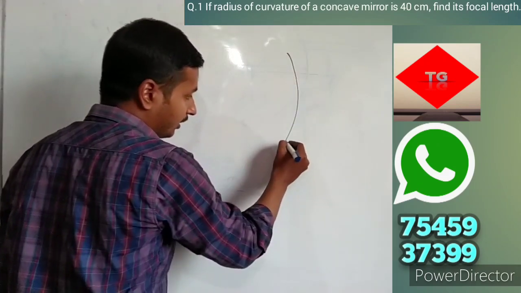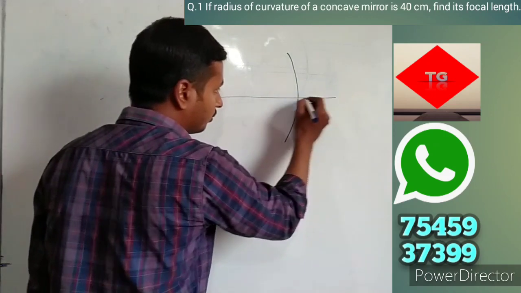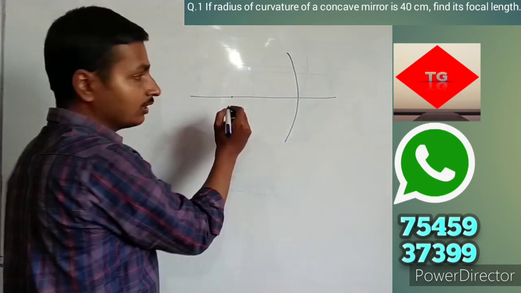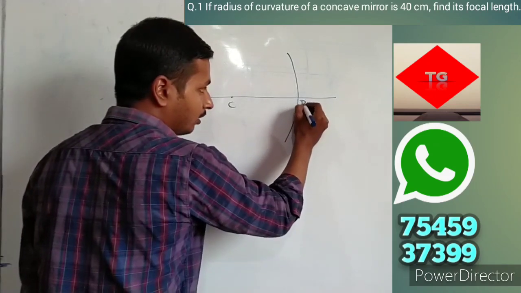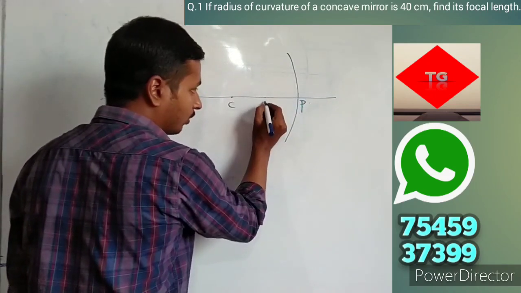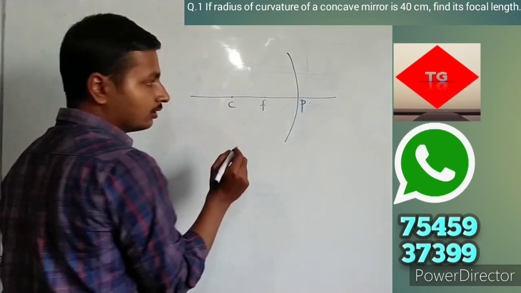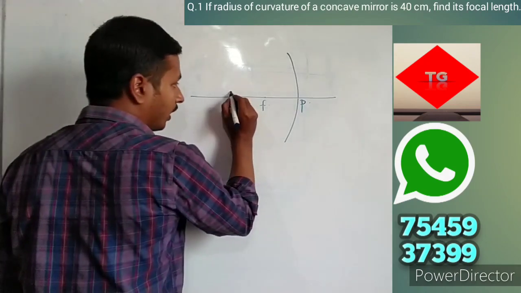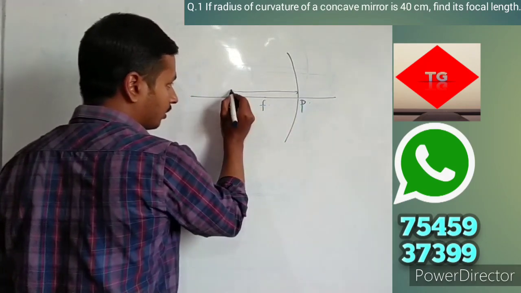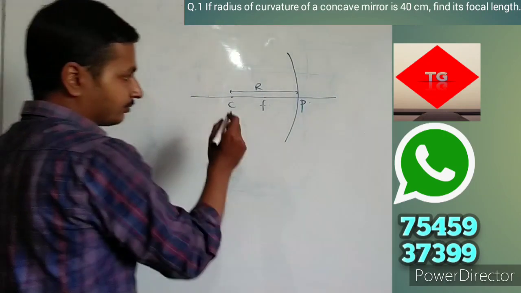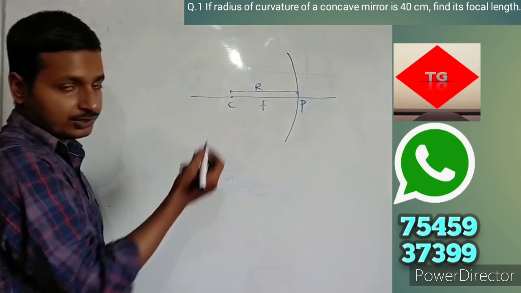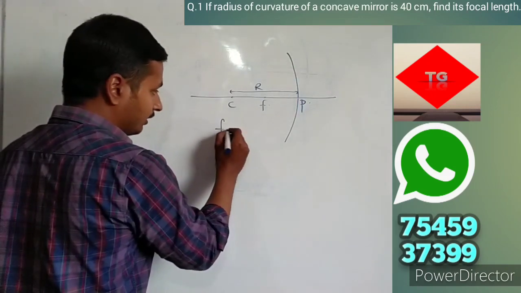In a concave mirror there is a center of curvature, a pole, and one focus. From the center to the pole there is the radius. And here you will see focal length is half of the radius.